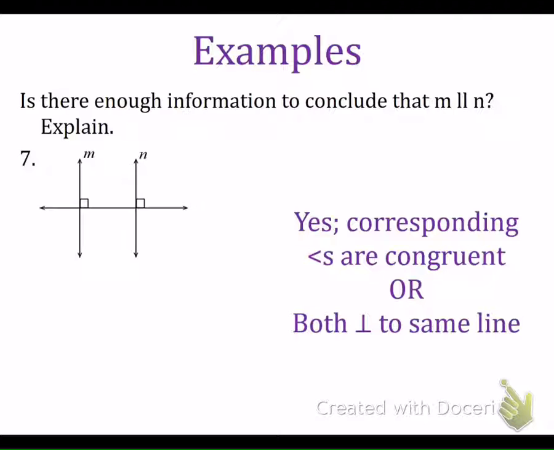A lot of you said words like 90 degrees and congruent. That's great, but you have to tell me what angles are congruent. So yes, corresponding angles are congruent. Or the last thing you wrote down is that they could be perpendicular to the same line, which also happens here.